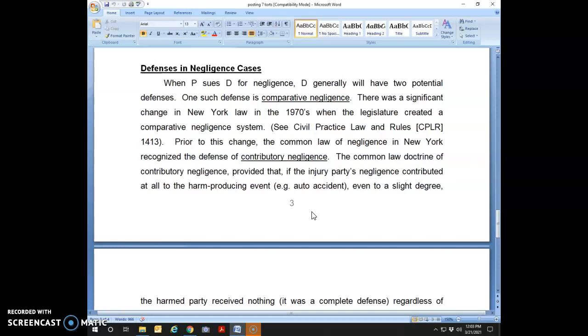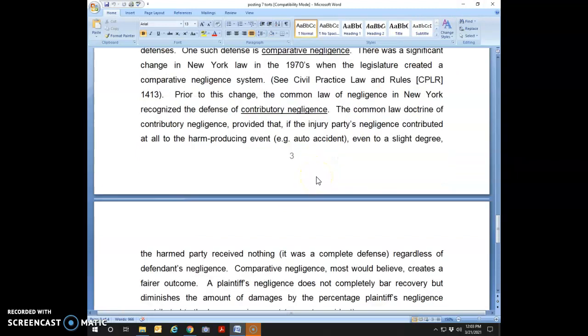Now, back in the 1970s, you don't remember that decade, but I do, there was a significant change in New York. The legislature, if you will, changed the common law rule of contributory negligence. And that was a pretty harsh rule at times. That rule said that if the plaintiff's negligence contributed at all to the injury-causing event, like the vehicular accident, the plaintiff received nothing.